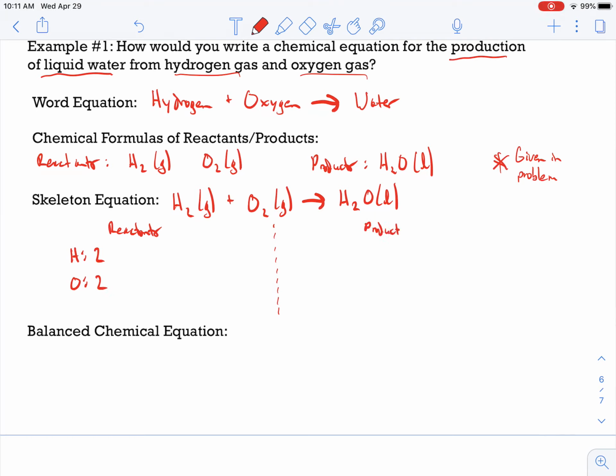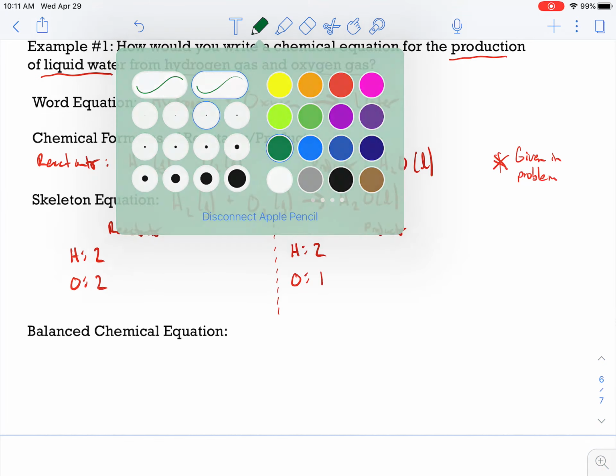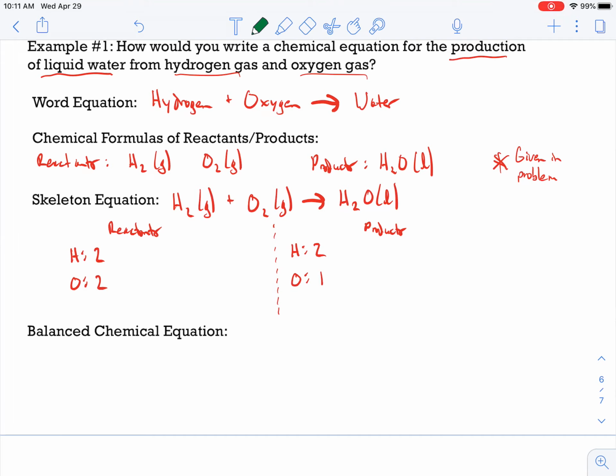If we look over to the product side, we look at hydrogen. We're going to have 2 hydrogens, but we're only going to have 1 oxygen. So right now, our 2 oxygens on the reactant side does not equal our 1 oxygen on the product side. This tells us that we're currently unbalanced.